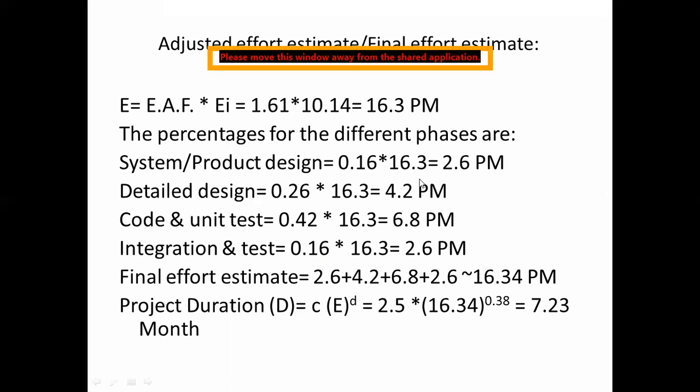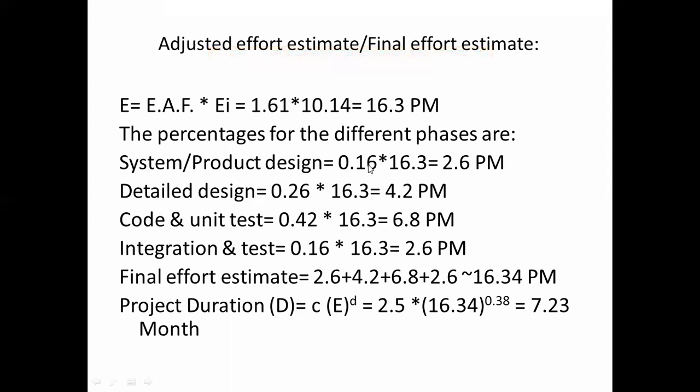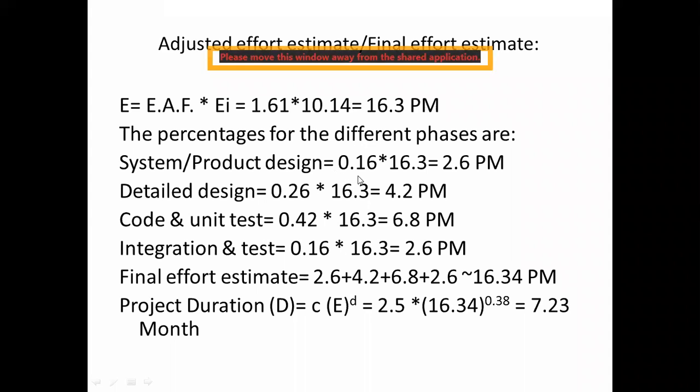So you can choose the second column value, and it is equal to 16. Okay, because you are going to calculate the phase wise percentage, then 0.16 into 16.3. This is the total effort. Total effort is equal to 16.3. You have already calculated it, and you are just choosing this value from the given table, the phase wise distribution of effort.